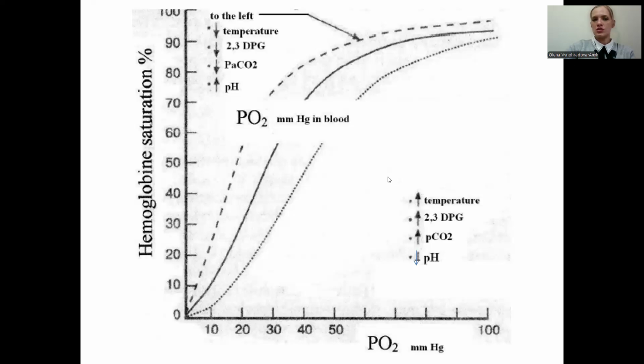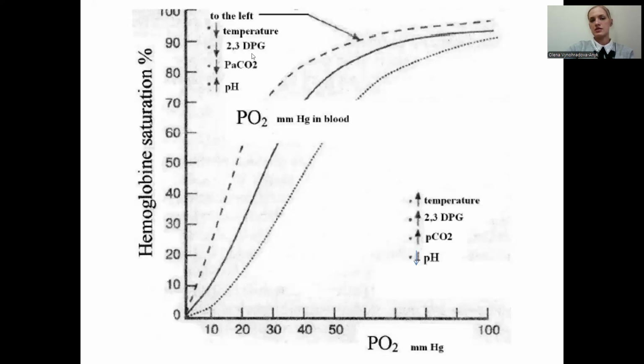And the opposite story, when it shifts to the left side, happens with decreasing of temperature, when we are too frozen, when partial pressure of carbon dioxide is decreased, and when pH is increased, when we are talking about alkalosis.